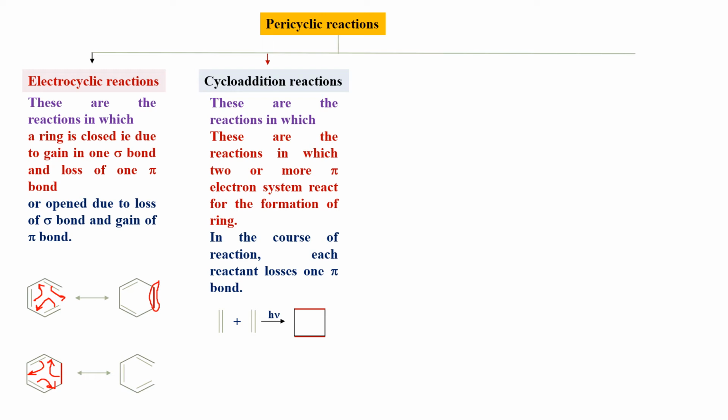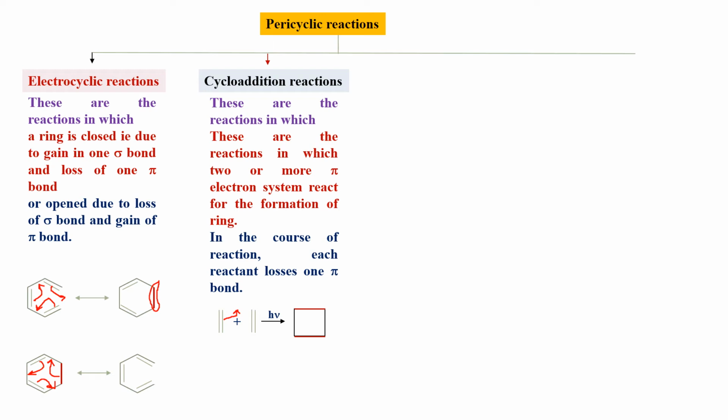This pi bond will be shifted between these two molecules, and both the molecules will be joined together at the terminal carbon atom. This CH2 terminal carbon atom of one molecule will be joined, or linked, or cyclized, with the CH2, that is the terminal carbon atom, of the second molecule.